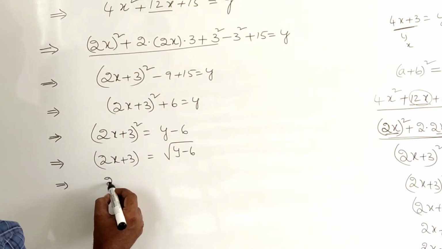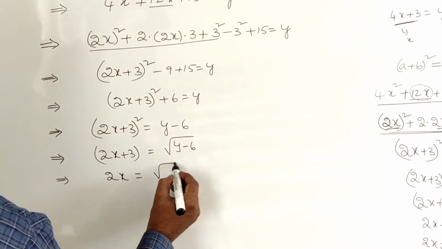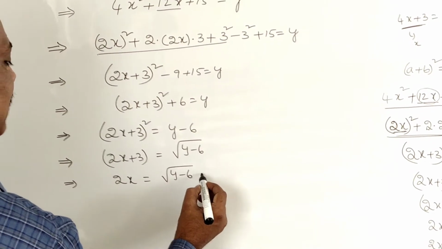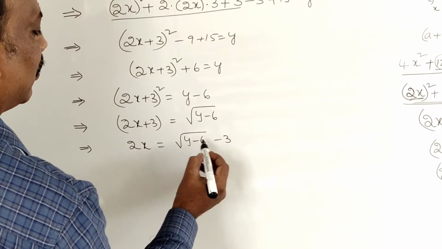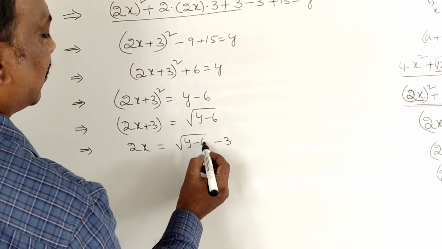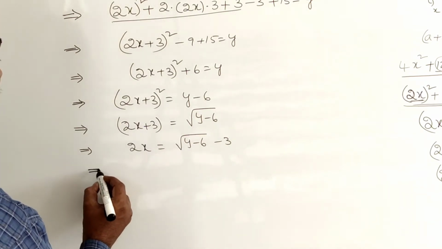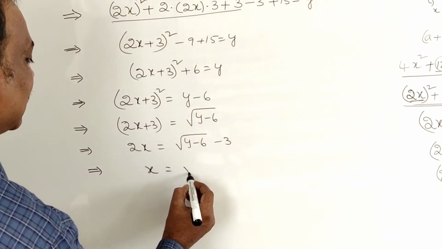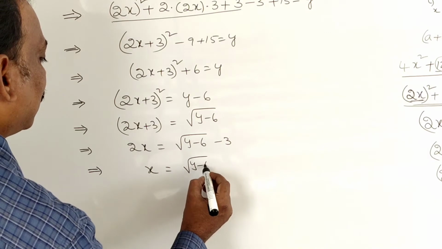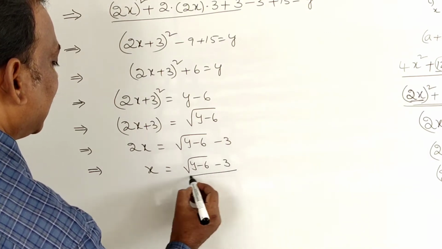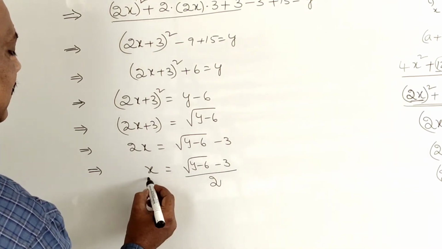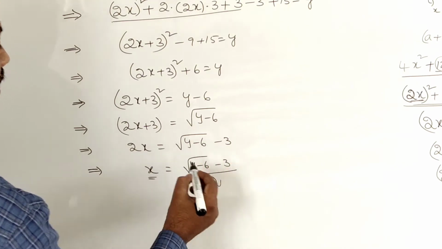So bringing it to the right side, here it is plus 3, it goes to the right side as minus 3. But careful, this minus 3 is not in the root. So root up to here only. Next we have x. x is equal to under root y minus 6, minus 3, upon 2. This is the x value in terms of y.